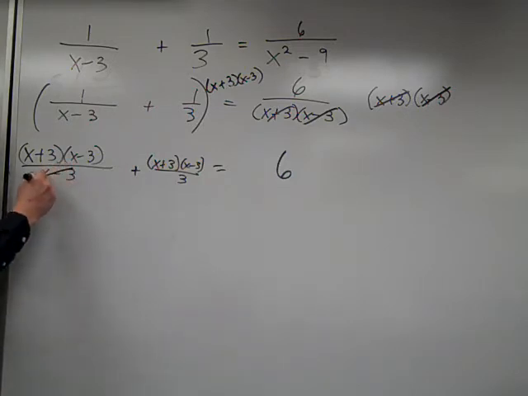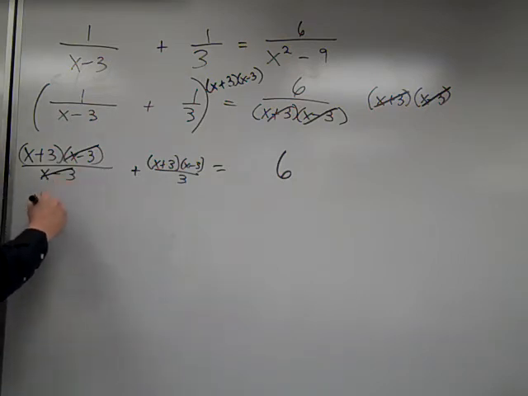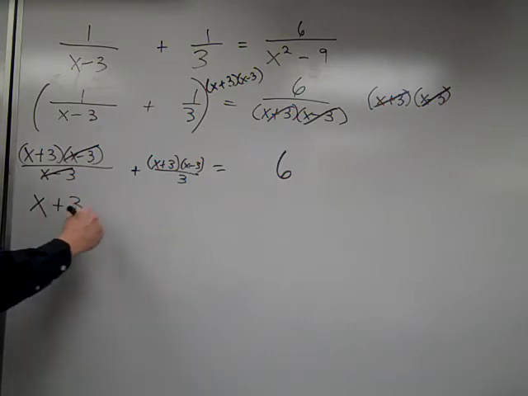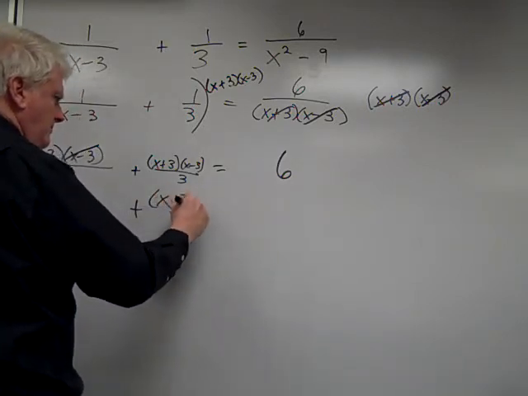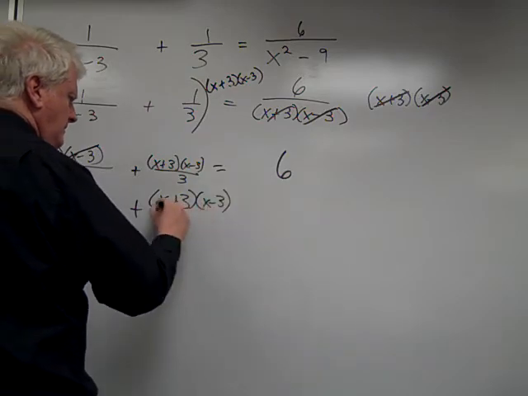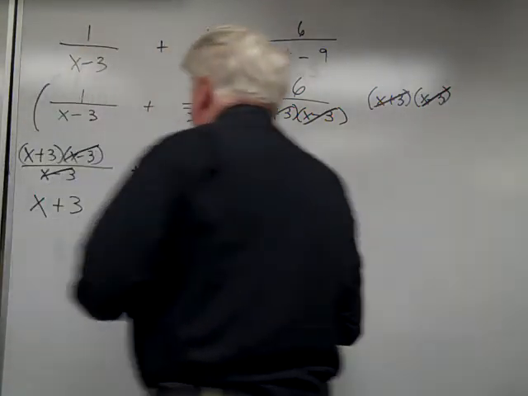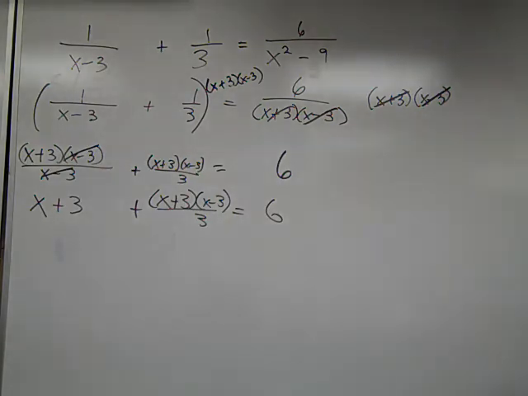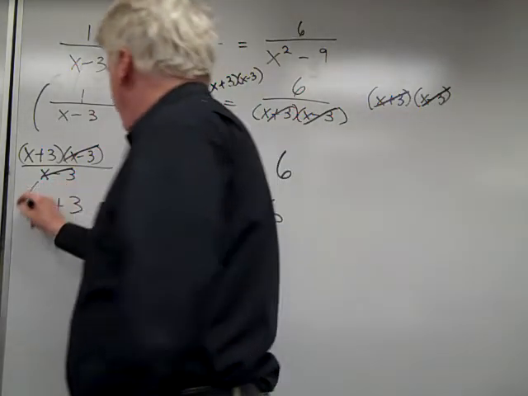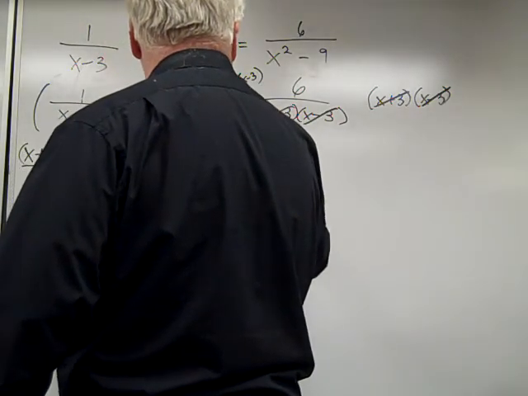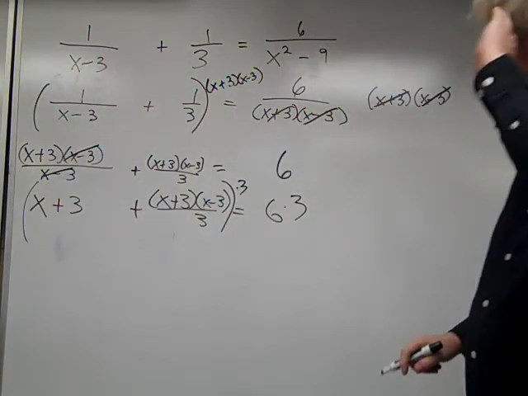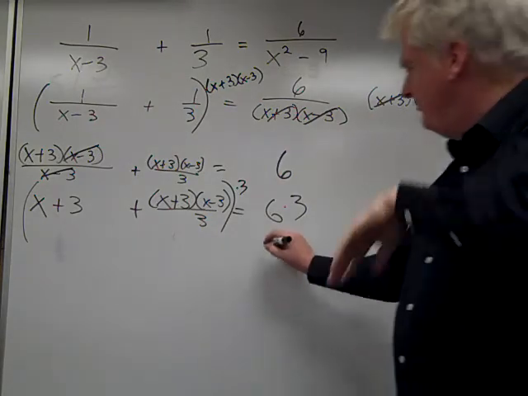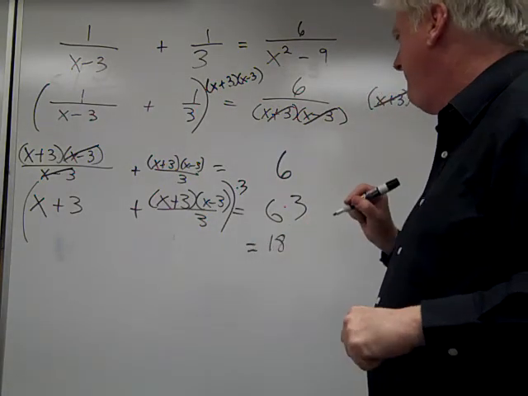Now we can do some canceling. So now we're down to one fraction. How do we make this so it has 0 fractions? We multiply everything by 3, both sides of the equal sign. So this side becomes 18.